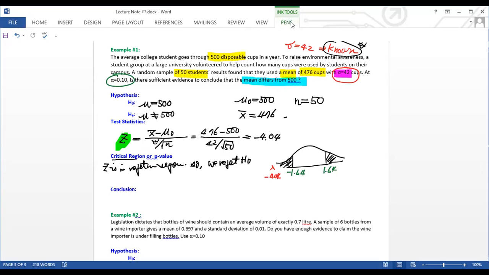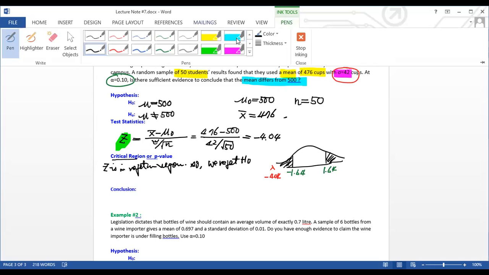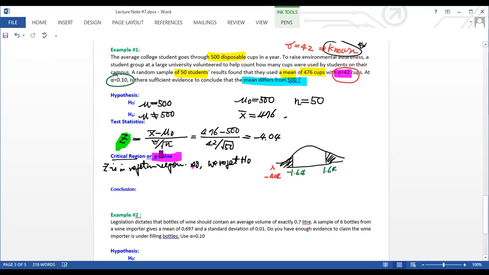But now, if you want to know how to find the p-values, you can use the TI-84 calculator, or you can use R code to help you.